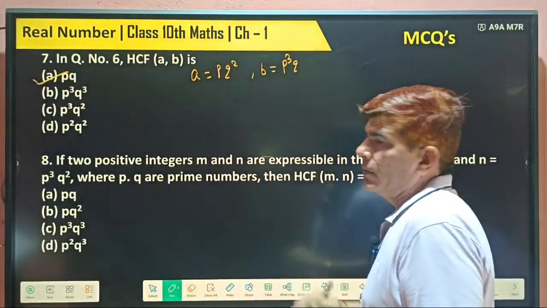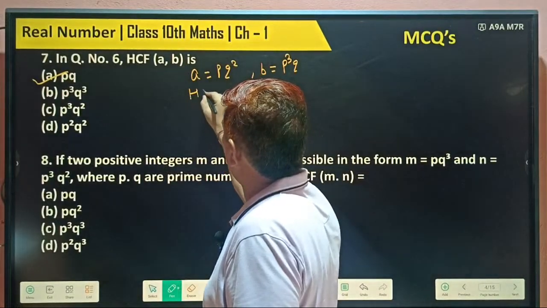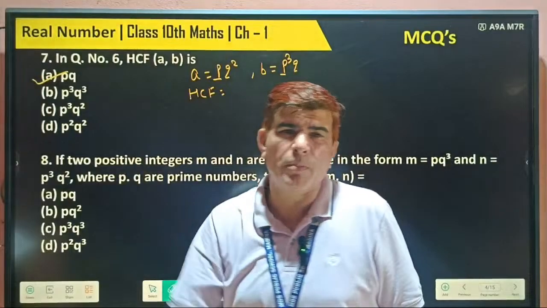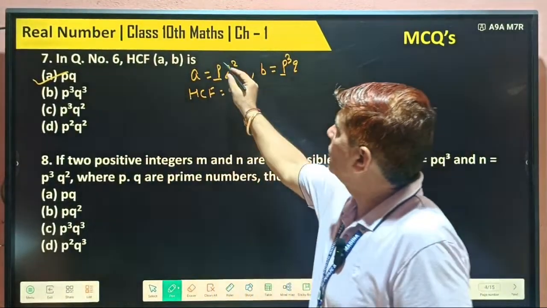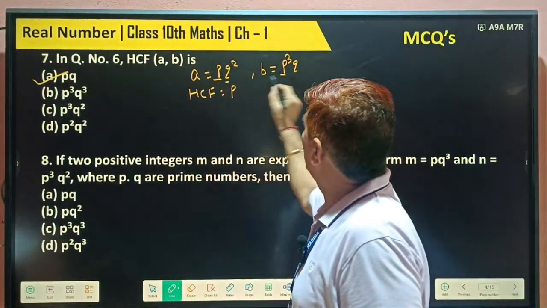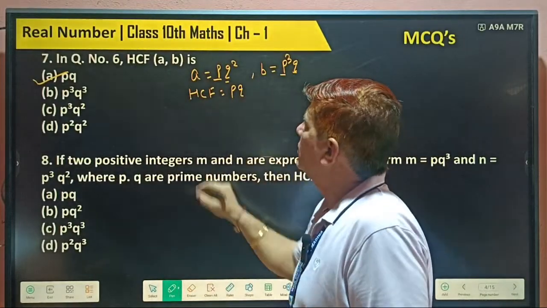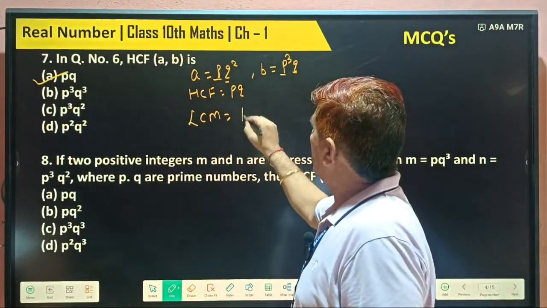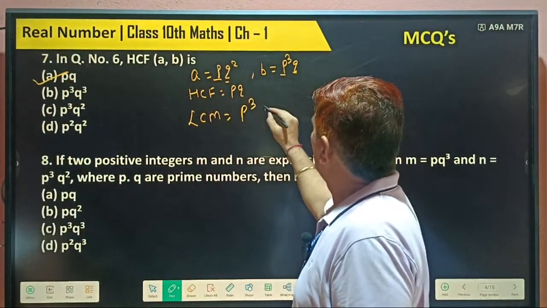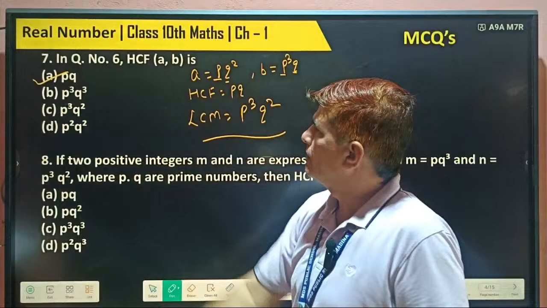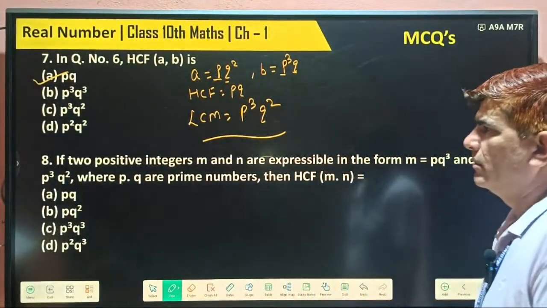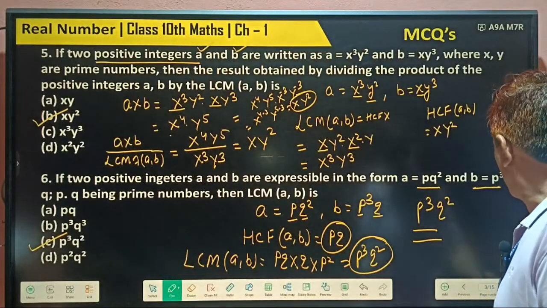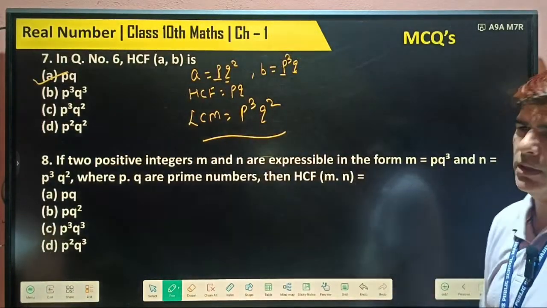If you find the HCF, whose minimum power here? This p, one power, so that we have taken. And for q, the minimum power is 1. And in LCM, what's the maximum power of p? This, and of q, this. Got or not? I told you here, this also you understand.